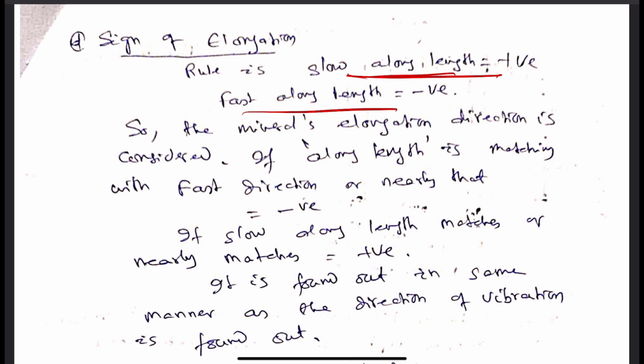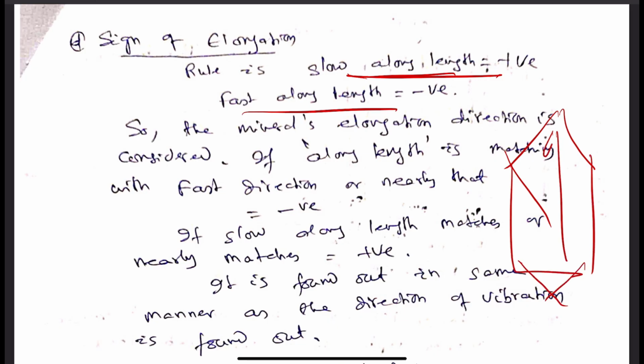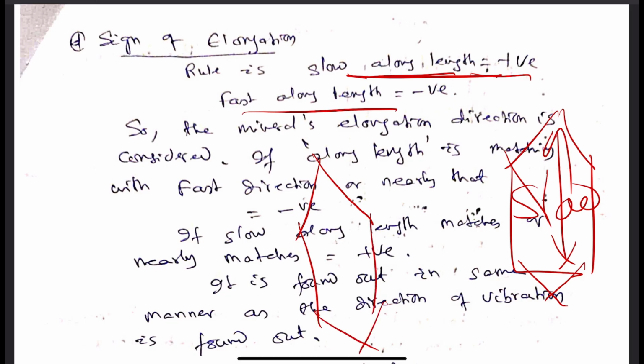So slow along length. If this is slow, then positive. If it is fast, fast along length, it is negative.